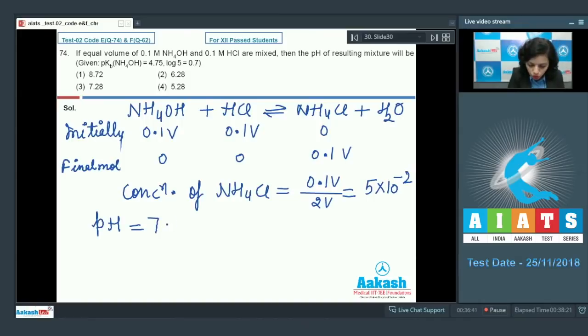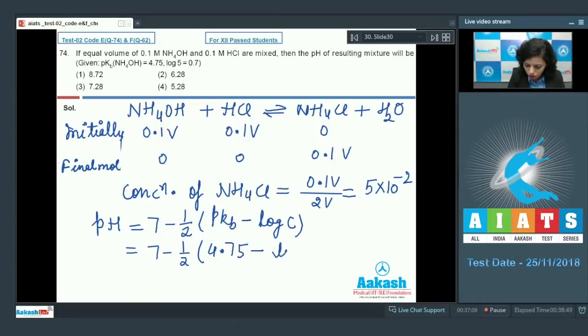That would be equal to 7 minus half of the pKb value minus log C. This would be the formula using which we can find out the pH of this salt. So we have 7 minus half of, what's the pKb value? That is 4.75 minus log the concentration of the salt.